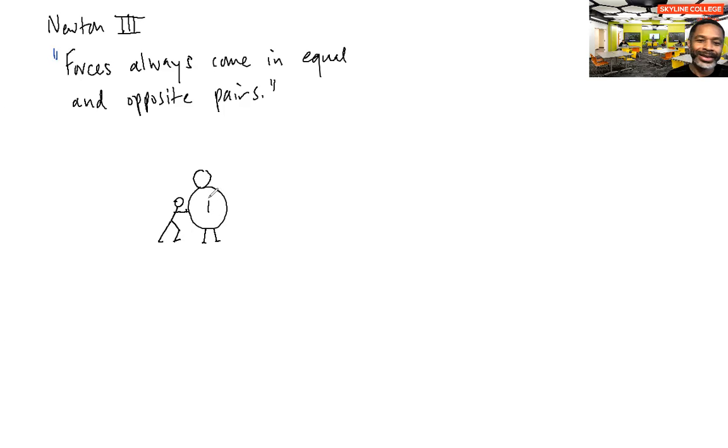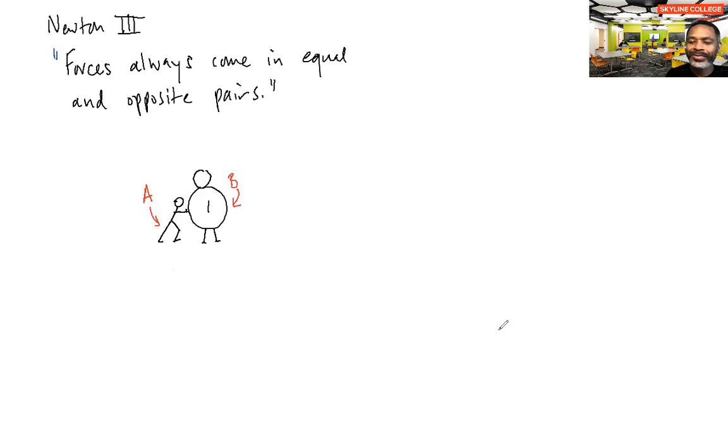Well, basically what Newton's third law says is that when this person, let's call them person A, when person A pushes on person B, right, this is person A, this is person B, person B pushes back on person A just as hard, whether person B wants this to happen or not, okay?